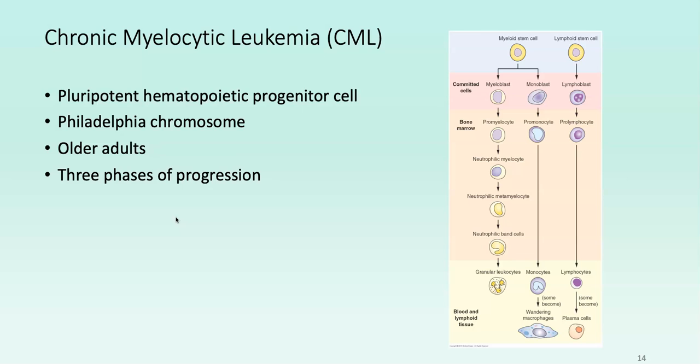CML has a unique progression of the disease in that there are three distinct stages that the disease progresses through. The chronic phase has a slow onset of typical leukemia symptoms. This phase can last up to 14 years.